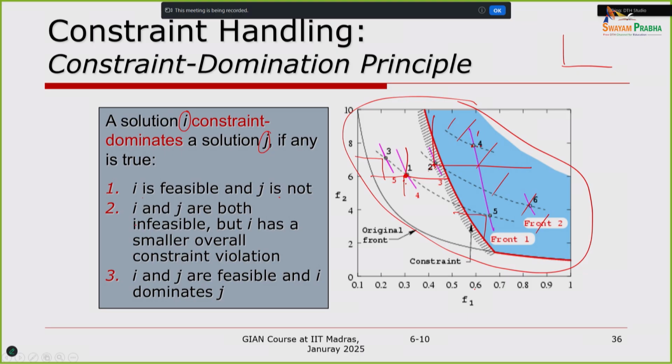Okay. Next condition, when both are infeasible, like 1 and 2 both are infeasible, with objective functions 1 dominates 2. But what did we do there? If it's infeasible, we don't even look into the function value. So we are not going to look at their location in the objective space. All you are going to look at is their constraint violation, which is kind of an idea of this much distance.